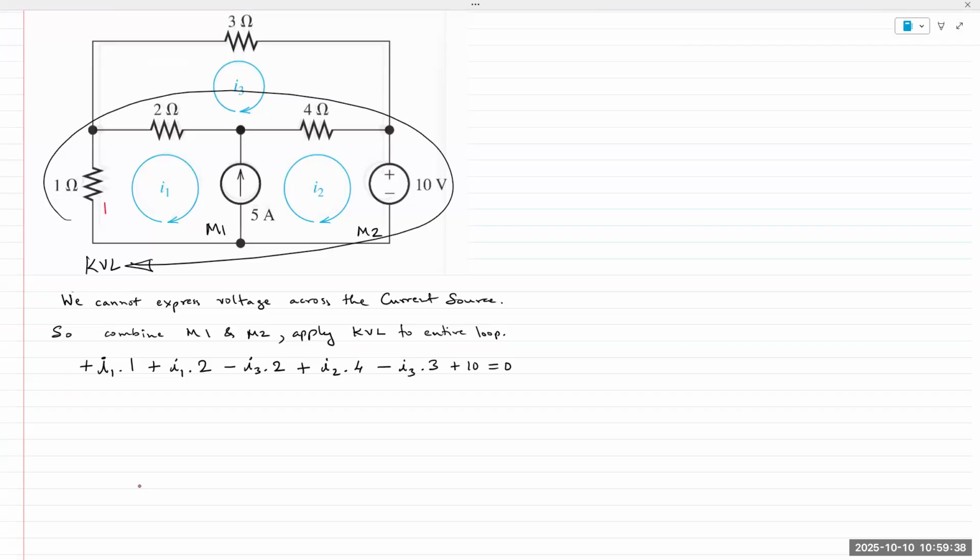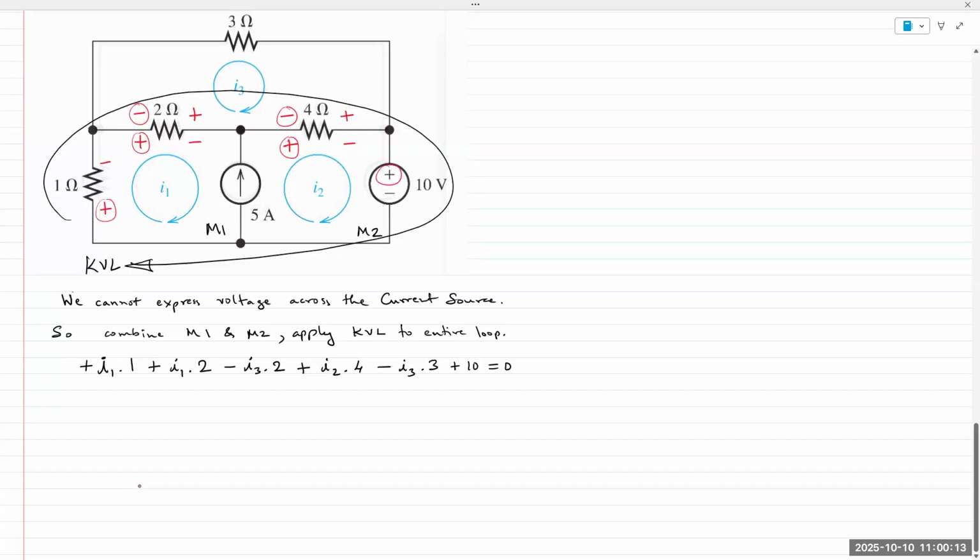So I1 is going clockwise. So this is plus, this is minus, this is plus, this is minus. And I2 is again entering from the left. So this is plus, this is minus. For I3, this is plus and this is minus. This is plus, this is minus. So when I sum up my KVL in a clockwise direction, I have plus, plus, minus, plus, minus, and then of course plus.